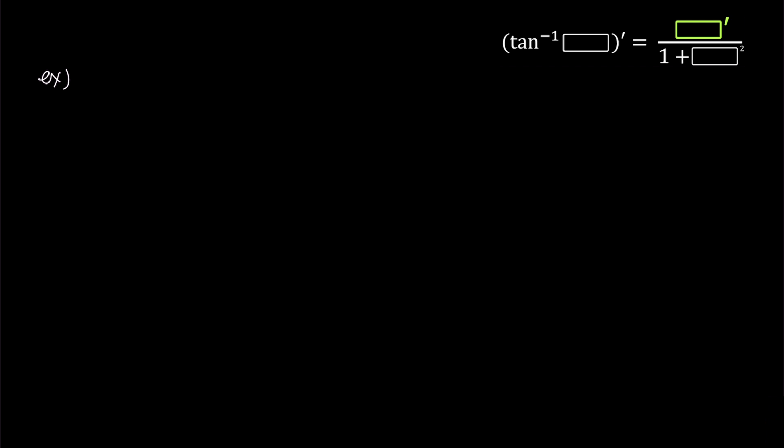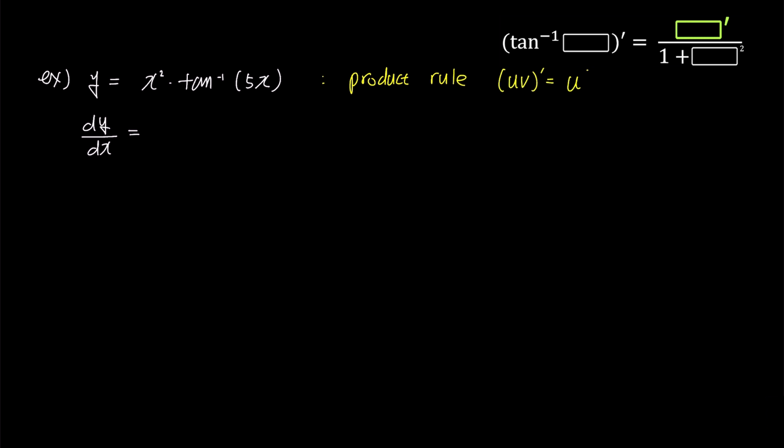In the second example, let's find the derivative of y equals x squared times inverse tangent of 5x. Since we have two functions multiplied together, we need to use the product rule for differentiation. The derivative of uv is given by u prime v plus uv prime.